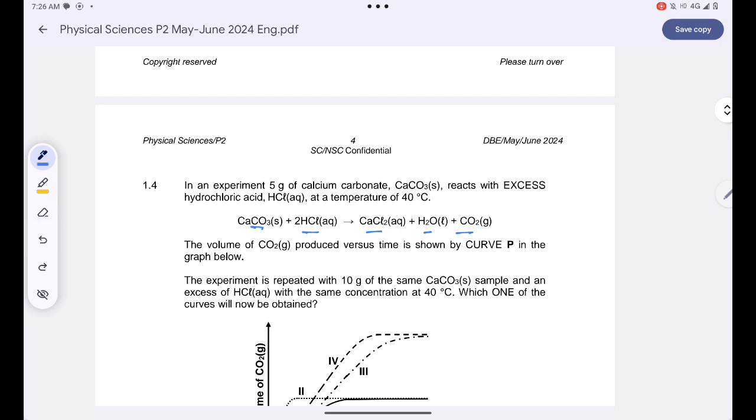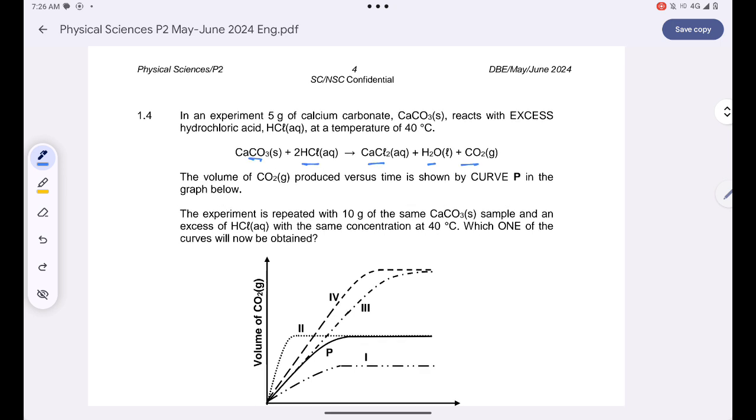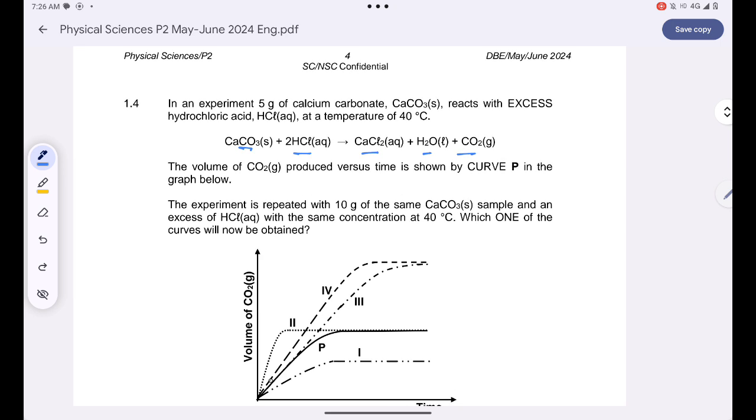The volume of the carbon dioxide gas produced versus time is shown by curve P in the diagram below. The experiment is now repeated with 10 grams of the same calcium carbonate solid sample.